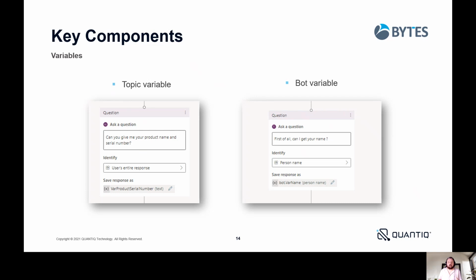A bot variable, however, can be used across any topic, and it's there as part of the chat session. So here in this example, we're storing the response of the person's name as a bot variable. So later on in another topic, we can call back that value and customize and personalize the response back to the customer.